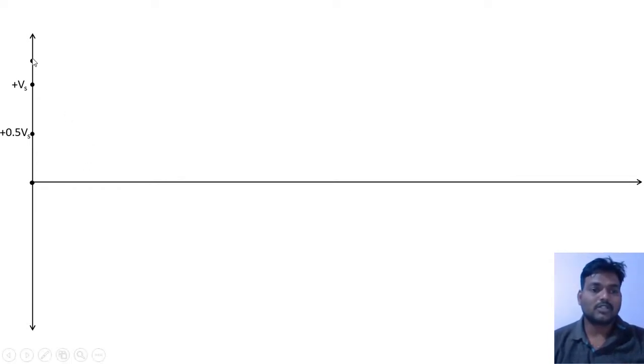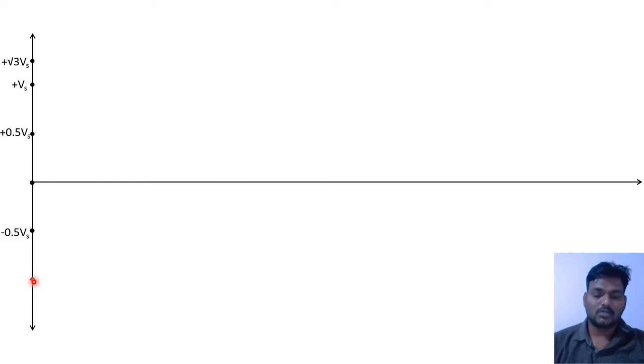From here 0.5 centimeters you come here, Vm or root 3 Vs. Similarly, below the horizontal line you draw one point at 1 centimeter, measure with the scale and name it as minus 0.5 Vs. Similarly, from here you take one more centimeter, measure with the scale and name it as minus Vs, and from this point half centimeter below you draw it as minus Vm.